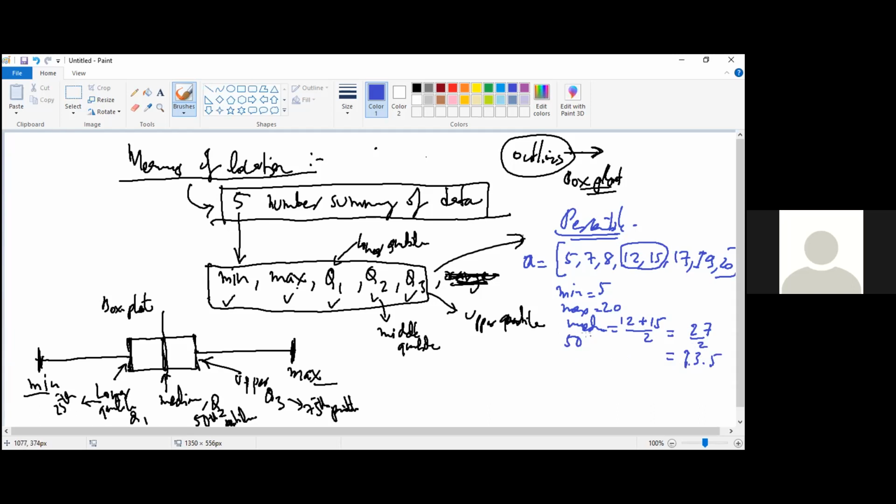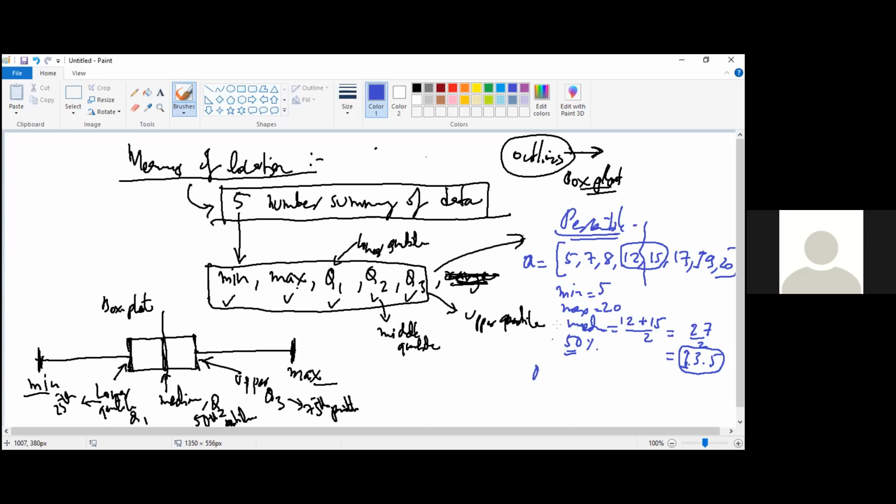Meaning 50% of the values are below this. You can check now. 13.5 is somewhere here, right? So 4 values below this, 4 above. Median is supposed to represent the middle value, so this has to be satisfied.